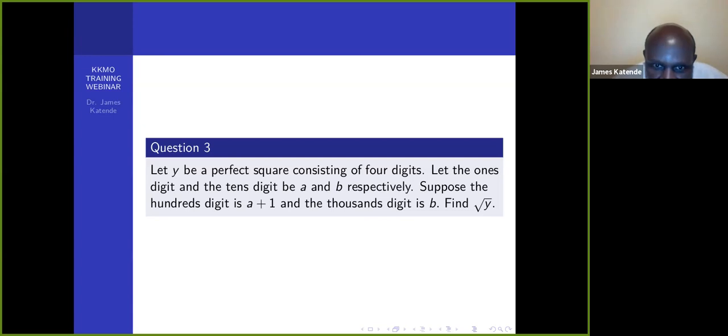So the ones digit is A and the tens digit is B. Suppose that the hundreds digit is A plus 1 and the thousands digit is B. The question here is, can you find the value of the square root of Y? Again, we can have a go at this. Anyone with some ideas?